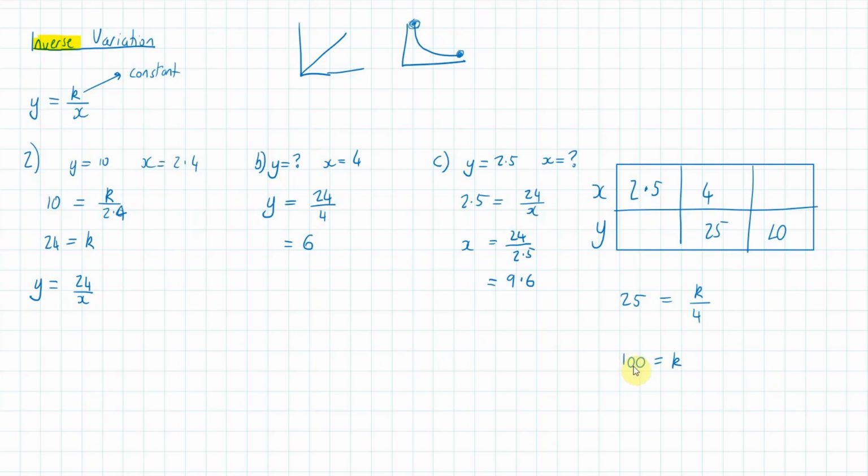If I know the x value is 2.5, I can say that is 100 over 2.5, and that looks to be 40. Then I think this is meant to be a 20 over here. If I know that y is 20, I can say 20 is equal to 100 over x, and therefore x must be equal to 5. So you can use that formula to help you with some of these scenarios.